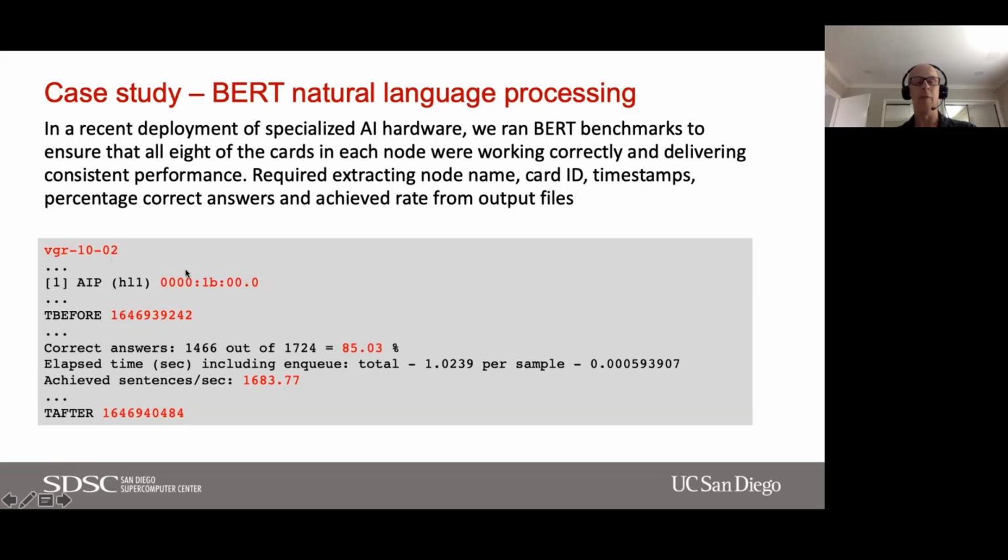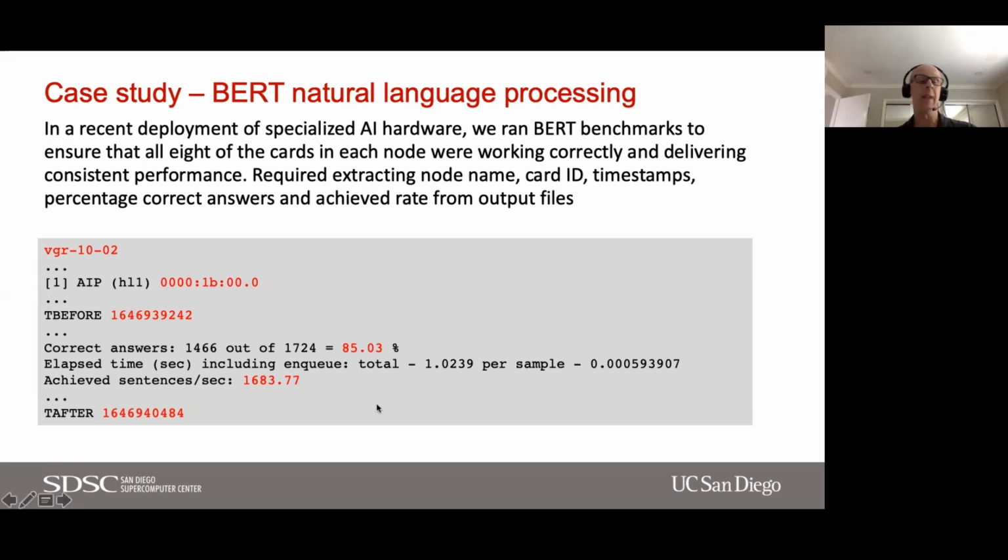This kind of cryptic string here, 0000, 1B 00.1, indicates the card within the node. T before and T after are Linux times, essentially what we call epoch time, the number of seconds from January 1st, 1970.